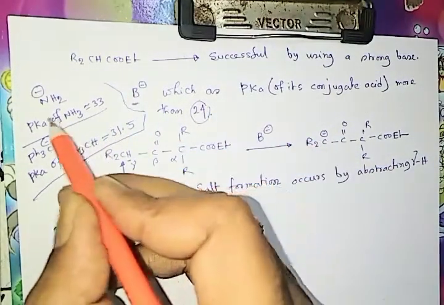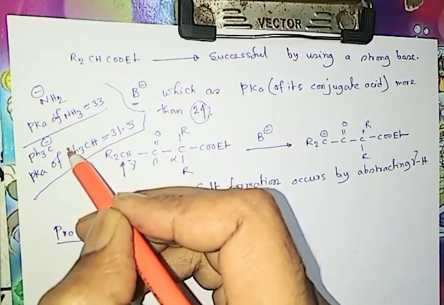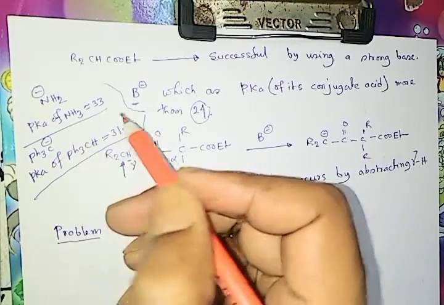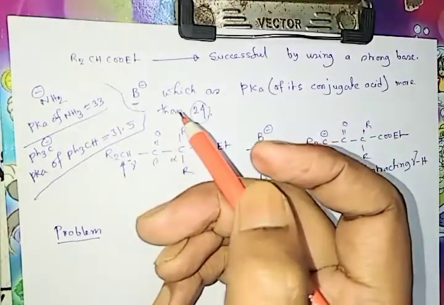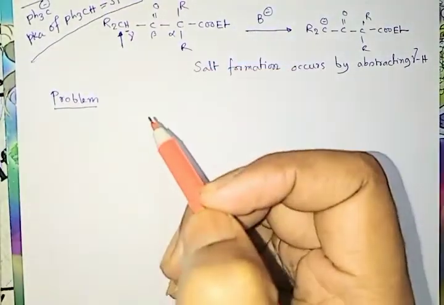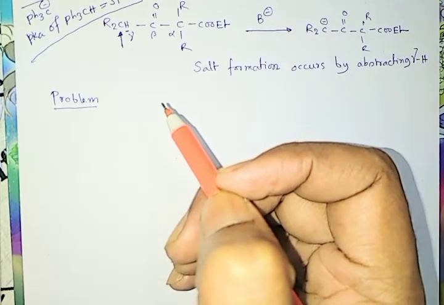When we use these very strong bases, we don't need alpha CH2 functionality to make the Claisen condensation reaction successful. So this is only applicable when we are using ethoxide as base.